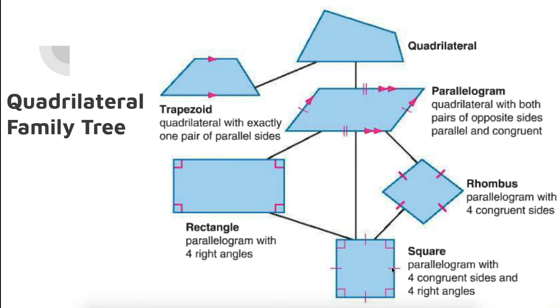So this is where you've probably heard in the past that all squares are rectangles, but not all rectangles are squares. That's where this idea comes from. So the family tree follows back up the line. A square has the characteristics of a rectangle, a rhombus, a parallelogram, a quadrilateral. A rectangle has the characteristics of a parallelogram and a quadrilateral, and so on. So that's the quadrilateral family tree.